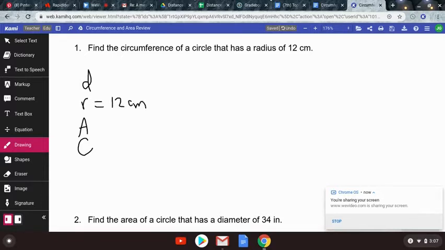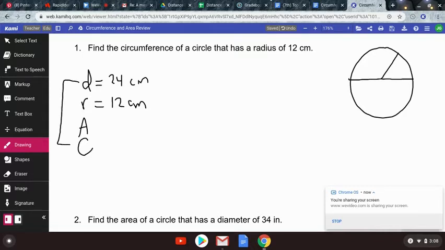Now, if you've been practicing your circle vocabulary, you know that the diameter goes all the way across and the radius goes halfway across. So if the radius is 12, that means the diameter is 24 centimeters. Now, this is asking for the circumference, which goes with diameter, pi times diameter.